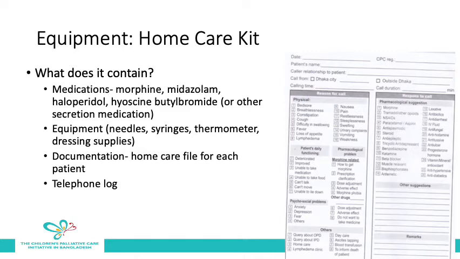This image on the right shows you a simple home care telephone log form which you can use, where the document can be just checked off for the different symptoms the patient may have and the response to the call, including whether there was any medication suggestions or other advice. This type of documentation makes it much easier for staff to complete the documentation, and then you can use this to review the documentation in future to learn about how the program's functioning and what are the common complaints that patients call with.